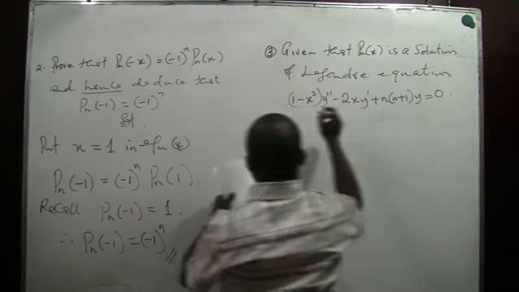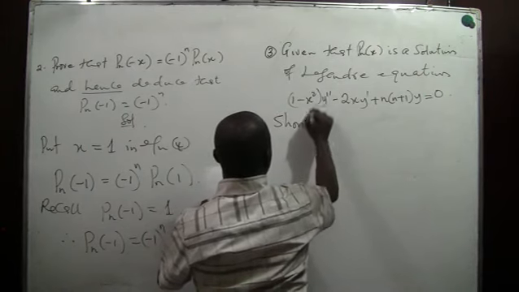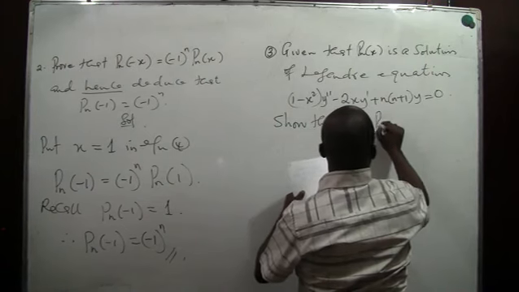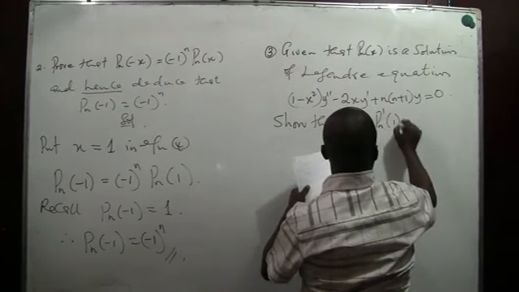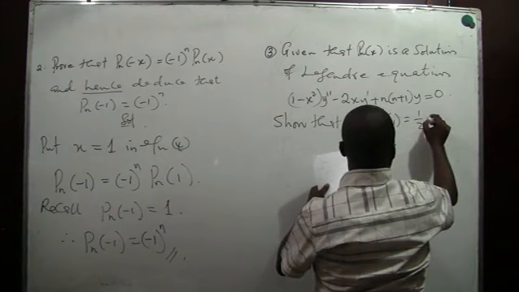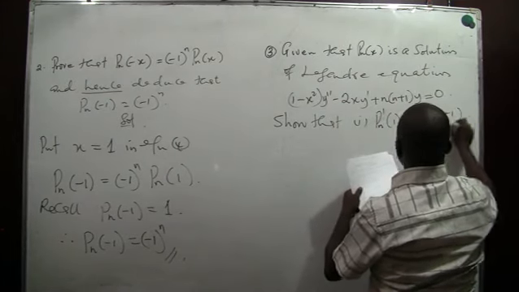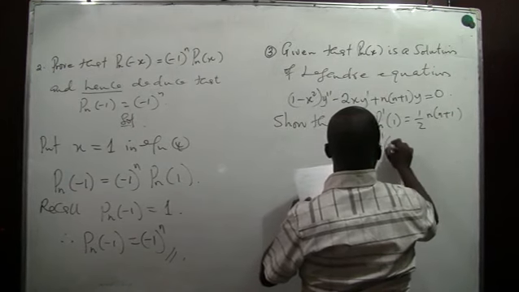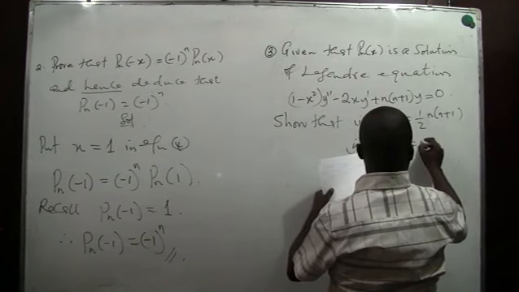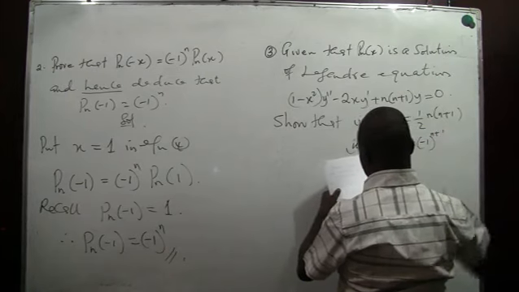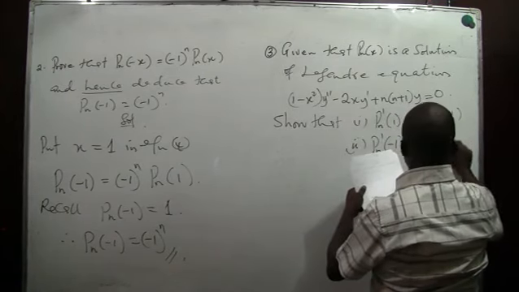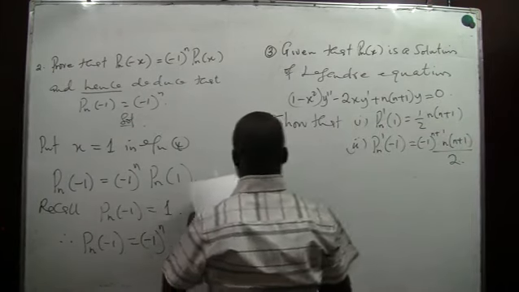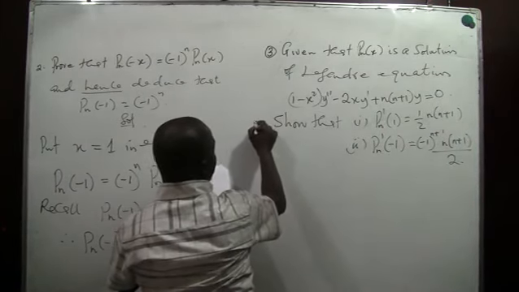Show that, Roman figure 1, Pn prime of 1 is half n into n plus 1, and the second part, Pn prime of minus 1 equals minus 1 raised power n plus 1 n into n plus 1 all divided by 2. So that is the A part of the problem.